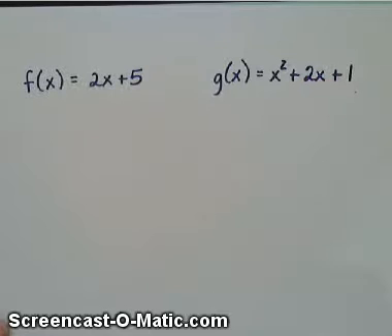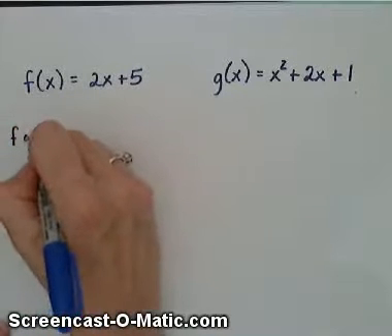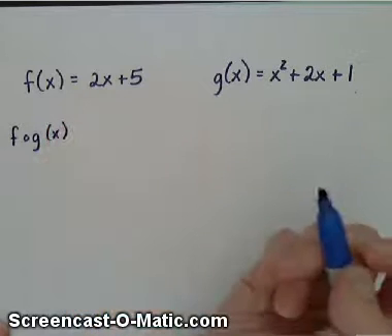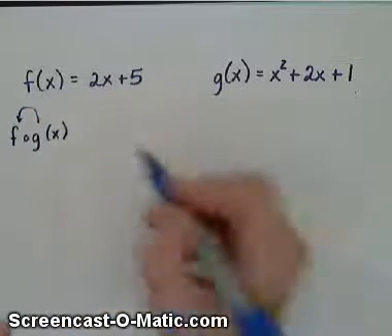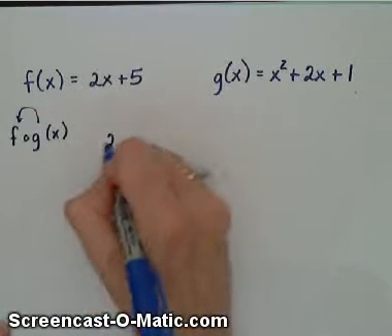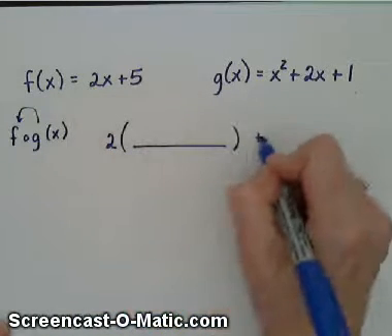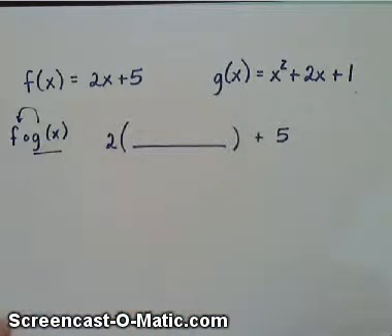Okay, now let's look at the composite function f of g of x. All right, so that says take the g function and put it into the f function. So remember how we do this. Instead of saying 2x, we'll do 2 blank plus 5. And then on that blank, we're going to actually put the g of x function.